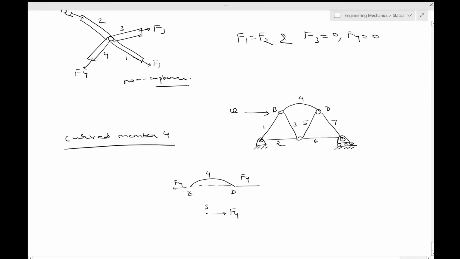On the joint always assume a pulling one. Okay, and then force Q, and then F1 and F3.